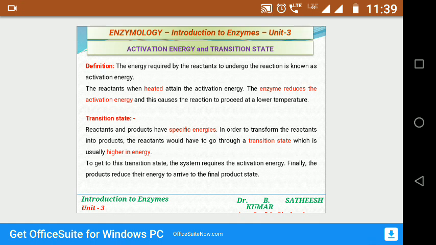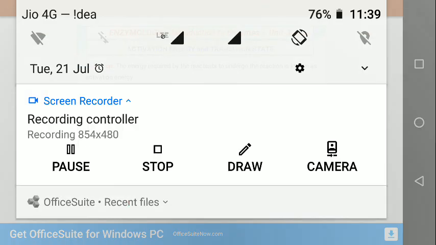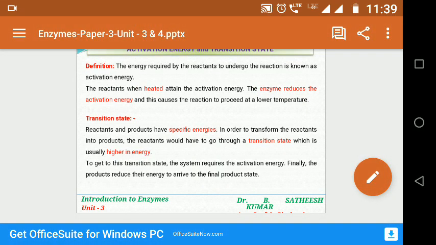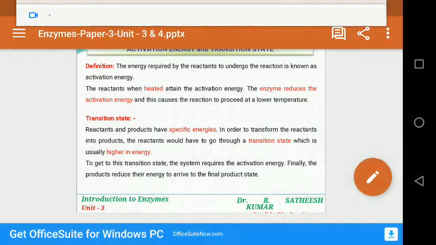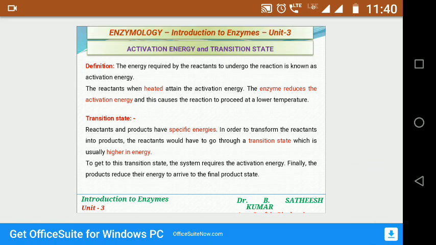So what is the reason behind this efficiency of enzymes? To answer this question, the secret behind the efficiency of enzymes, we have to learn about two important things of any reaction. First one is activation energy. Second one is transition state.